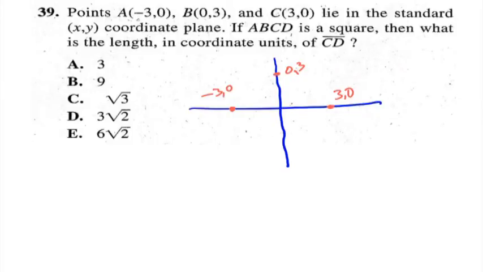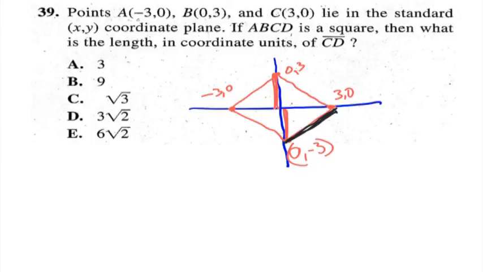So when you look at this, they told us it's a square, so it would look like this. Since this point is 3 above the x-axis, this one would be 3 below it. So this one would be at 0 on x, minus 3 on y. But it really doesn't matter, because that's not what they ask us. They ask us what is the length in units of CD. Well, that would be this line right here.